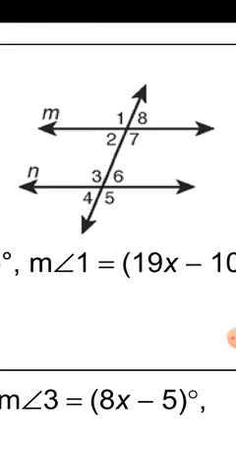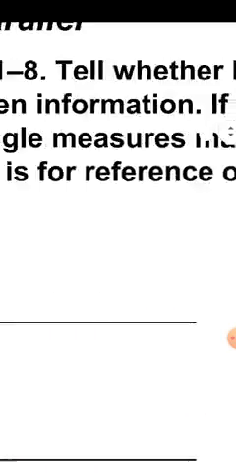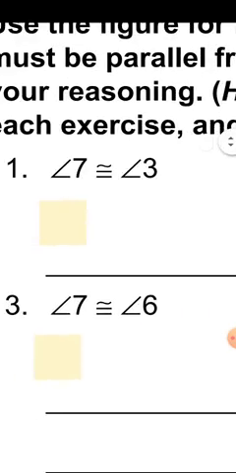Same-sided interior angles, if you add them, should give you 180 degrees, right? Now in this question they have told you angle 7 is equal to angle 6. So if angle 7 and angle 6 are going to give you 180, they should be equal, right?